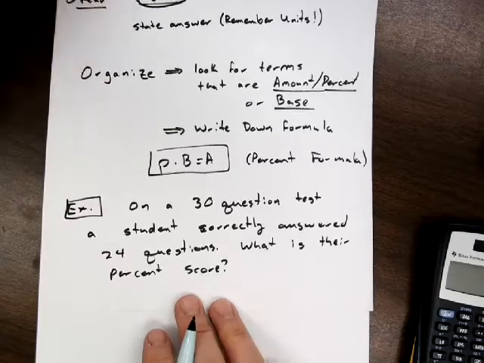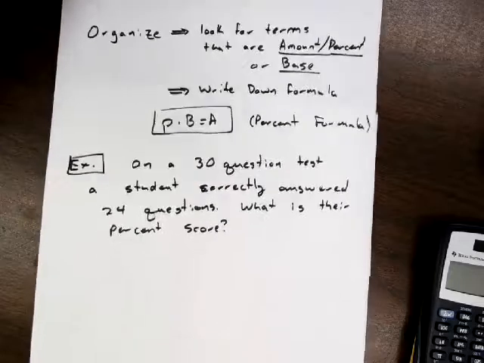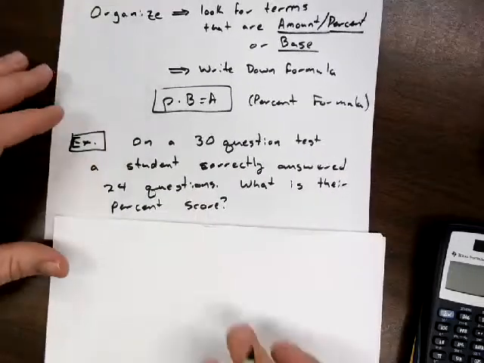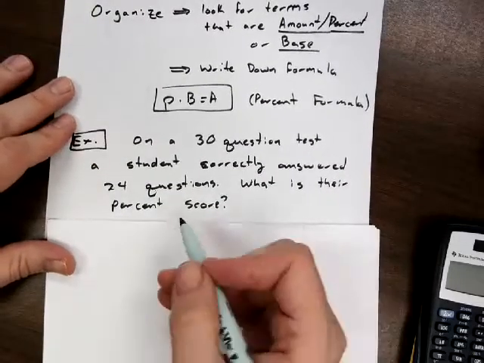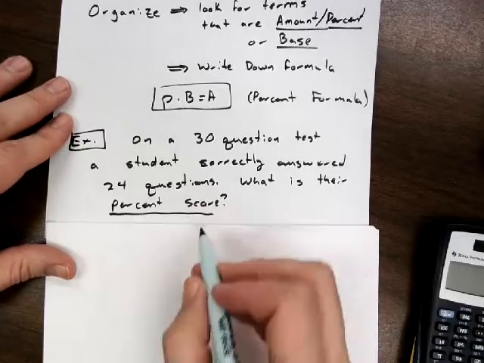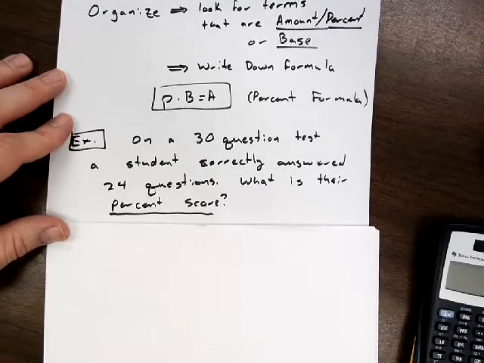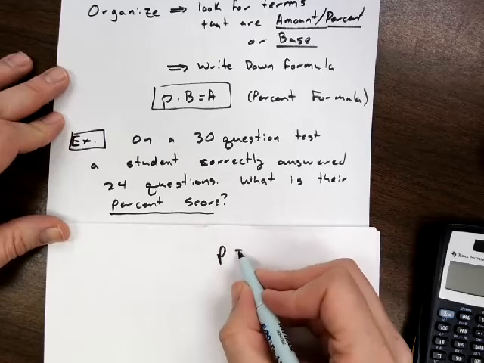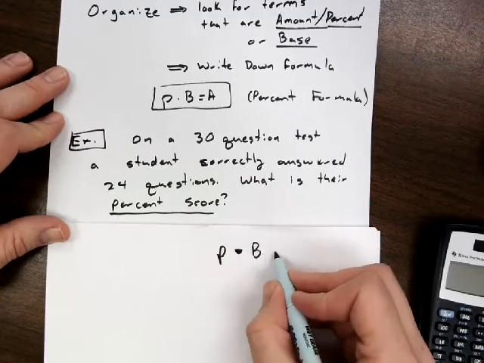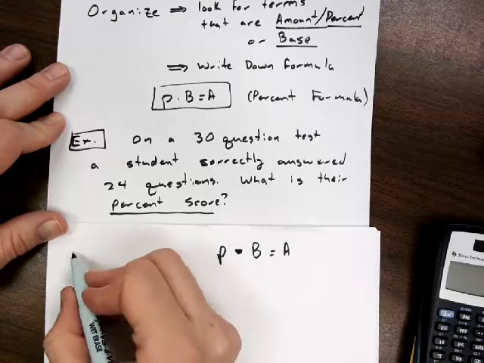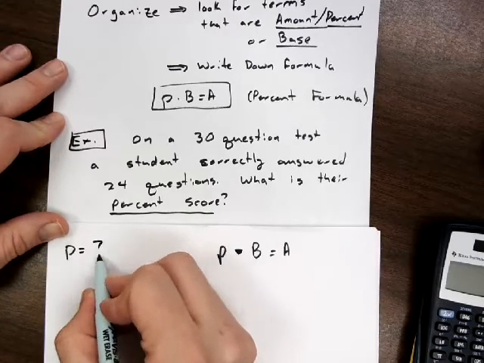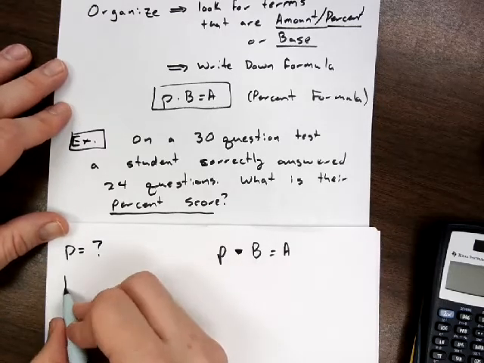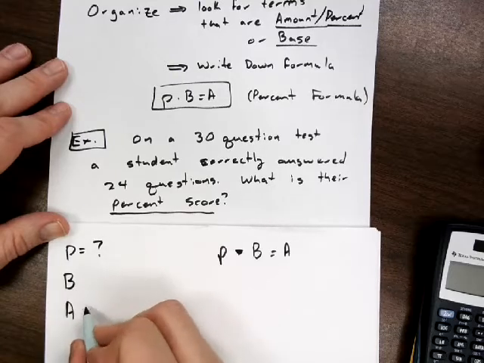Looking at this, we know that we're looking for a percent, so we're going to need that percent formula: percent times our base is equal to an amount. Our percent is our unknown, so we're going to look for our base and our amount.